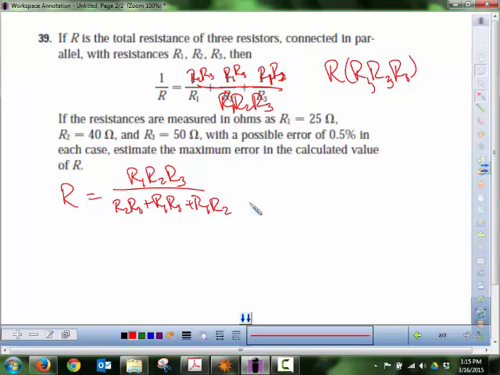Okay. So according to our formula, we're going to use differentials here, right?